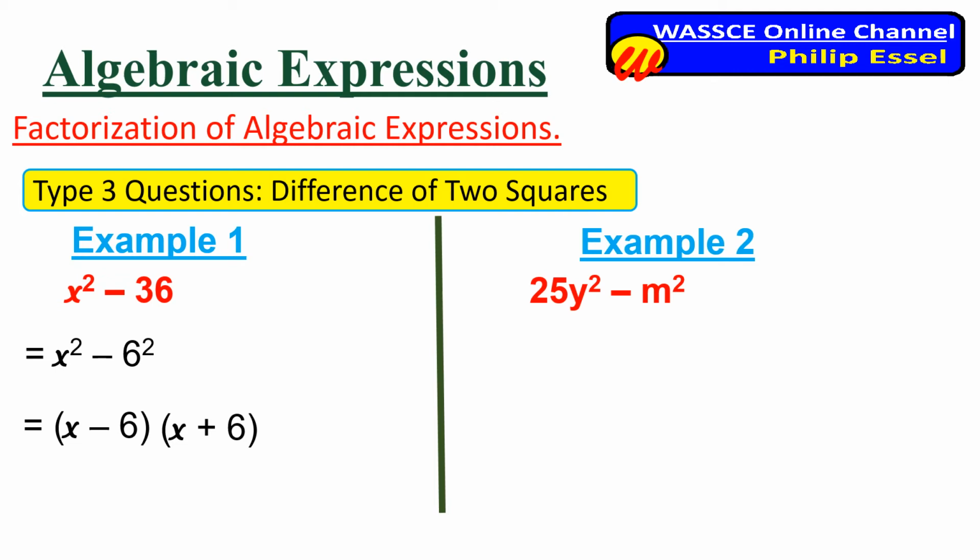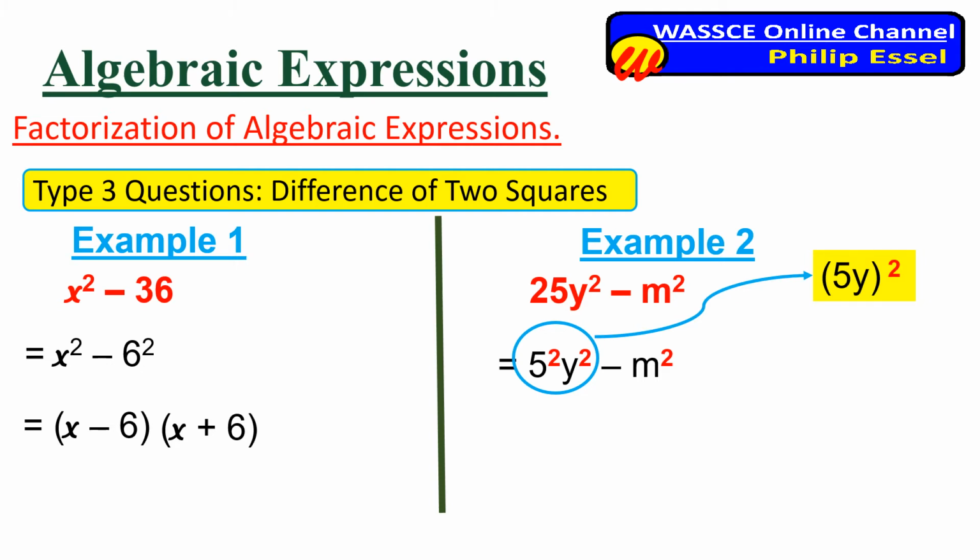So we are going to rewrite that whole math statement, but this time instead of writing 25, we would replace it with 5 squared. When we do this, we would get 5 squared y squared minus m squared. 5 squared y squared can also be written as all in brackets 5y squared.